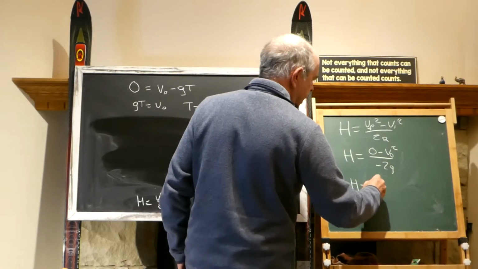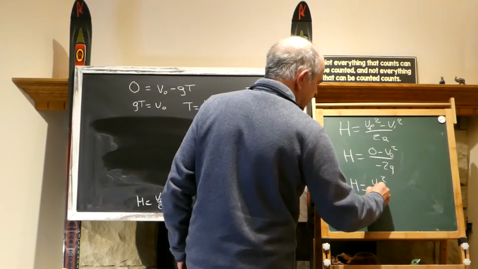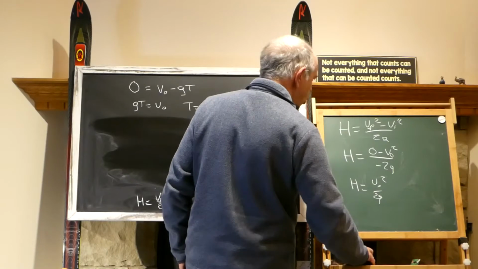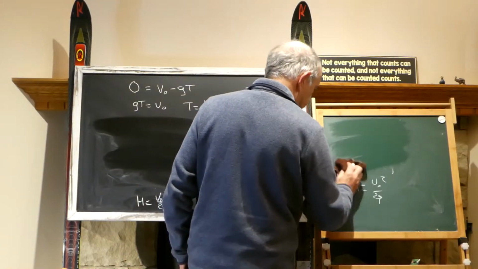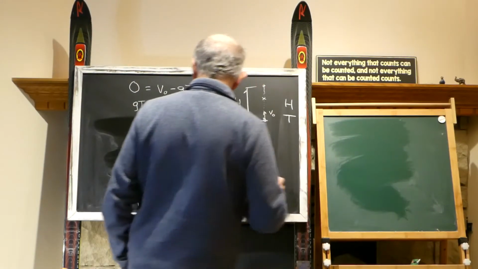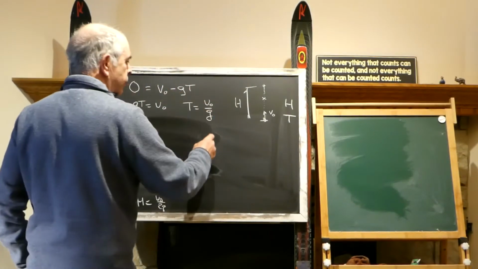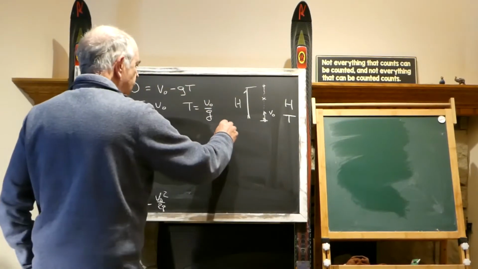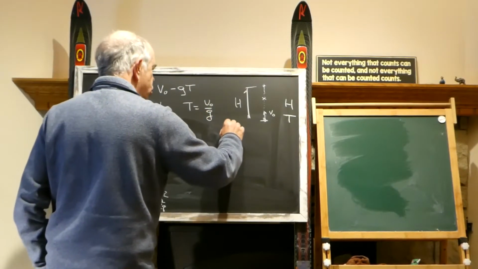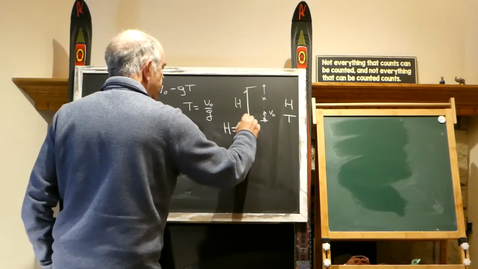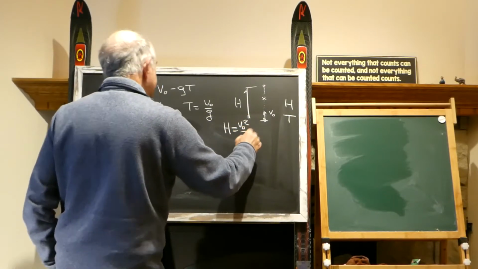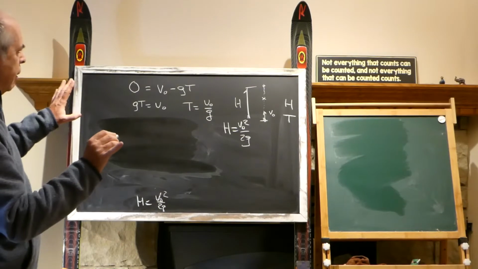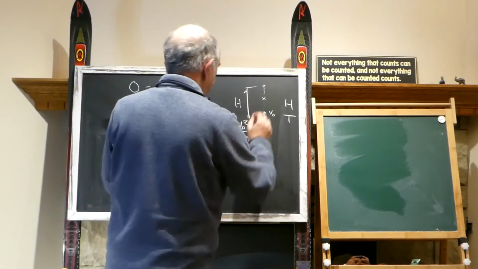And h would become v0 squared divided over 2g. So we can write this formula right away, but whatever we write, we have t equals v0 over g, and we have h equals v0 squared over 2g. This is the first thing that we should write, just looking at the first body.